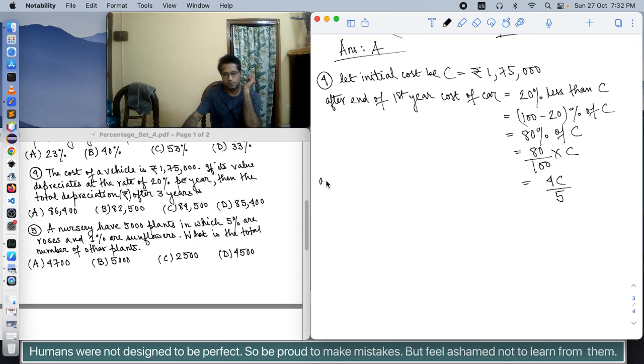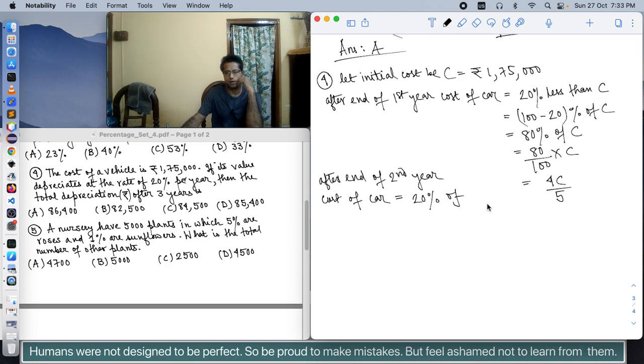So similarly, at the end of second year, the cost of the car will be 20% less, but 20% less based on what?